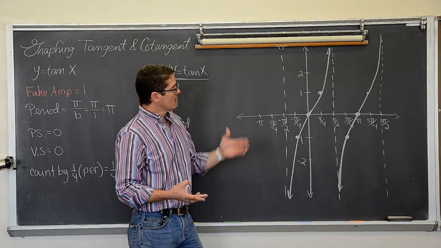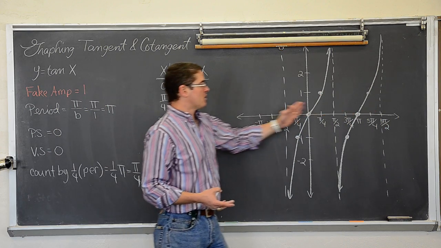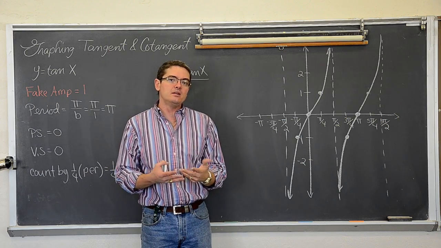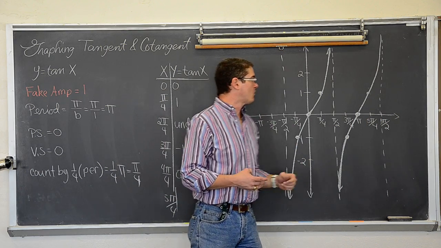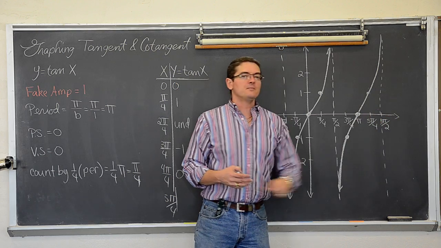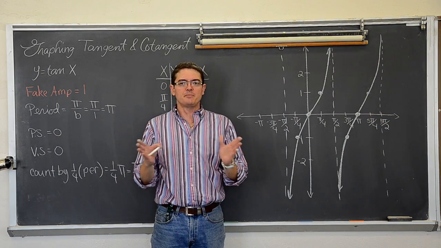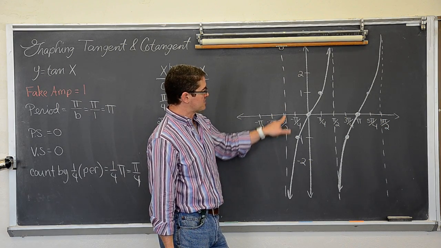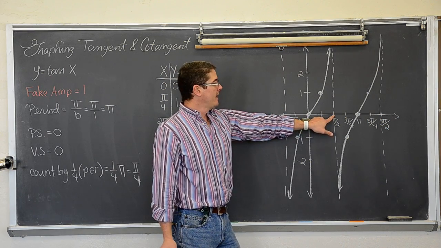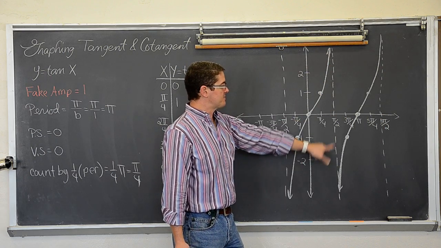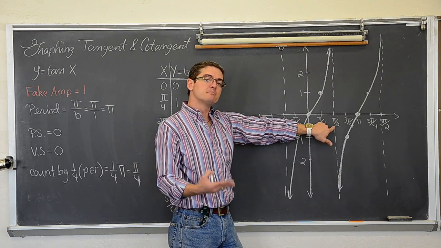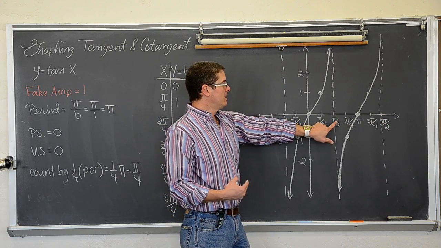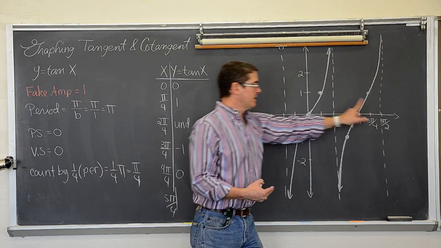The domain is almost all real numbers, except you've got these vertical asymptotes where tangent is undefined. So the domain is all real numbers, except for where the tangent function is undefined. And that's going to change based on the period of your graphs, but you can just find one place where there's a vertical asymptote, and then say, okay, it's all real numbers except whatever that value is, in this case pi over 2, plus or minus n, and then whatever your period is.